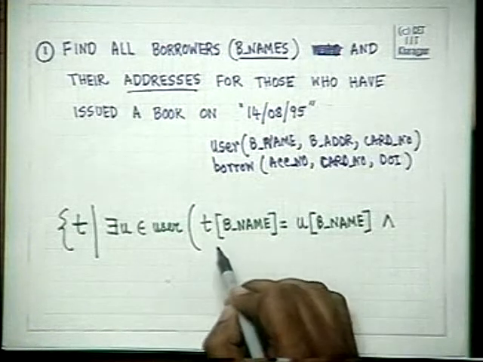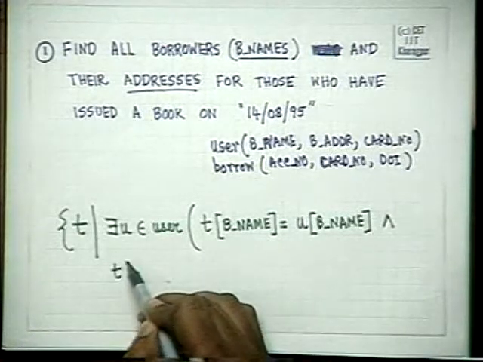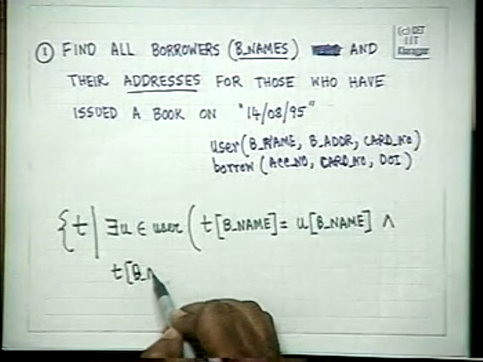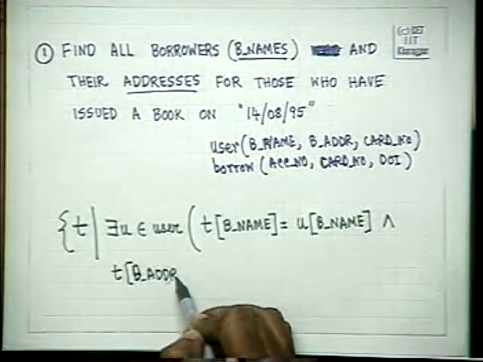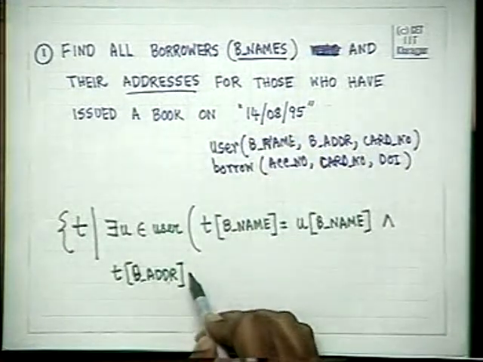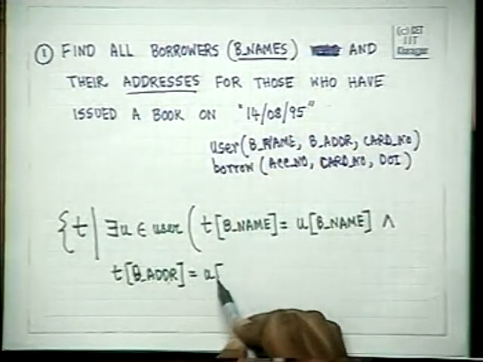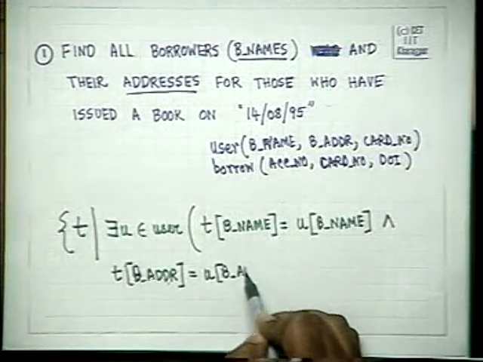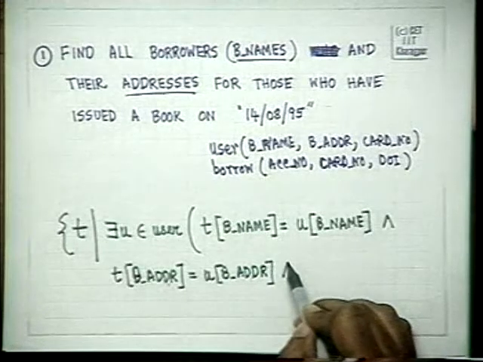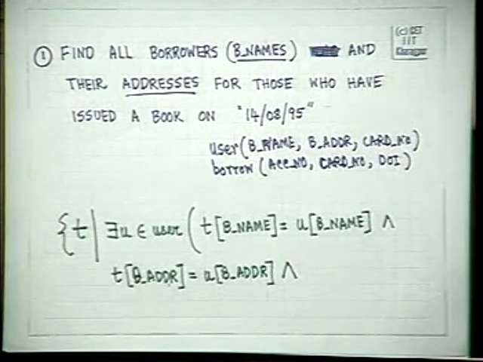and T of the B address of T. These are the two attributes which we want in T, name and address, will have to be the same as borrower's address, and what else must be true?